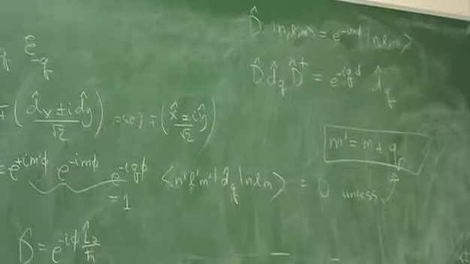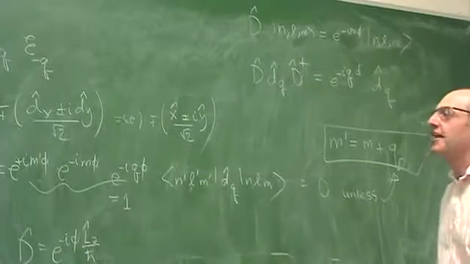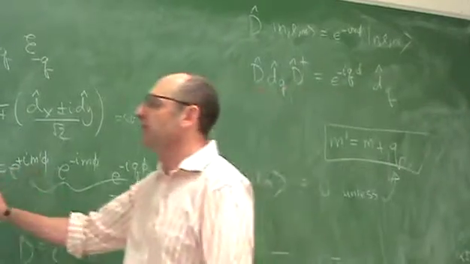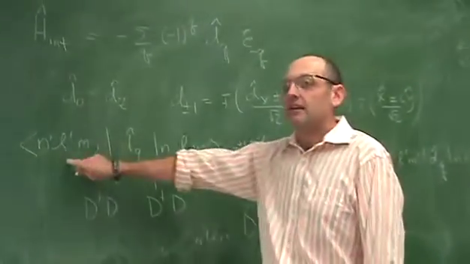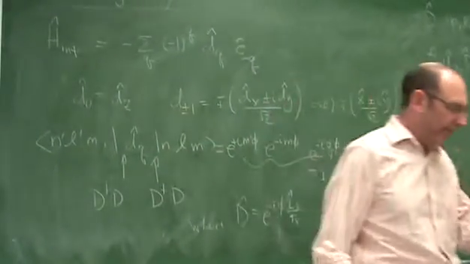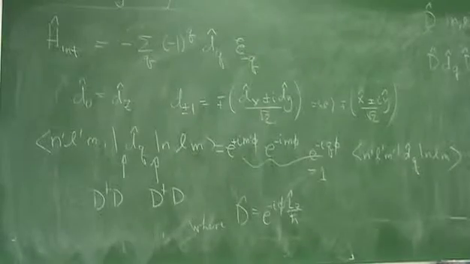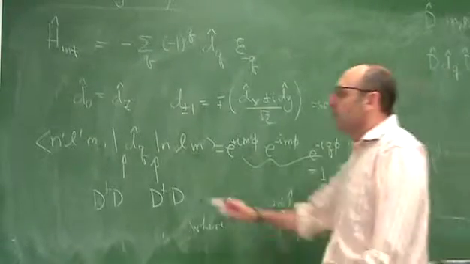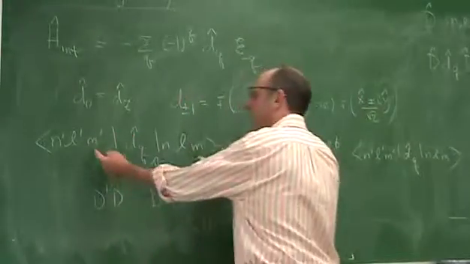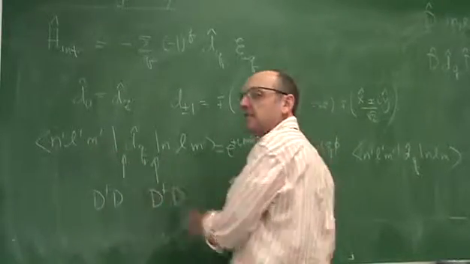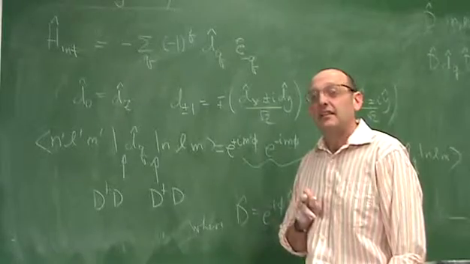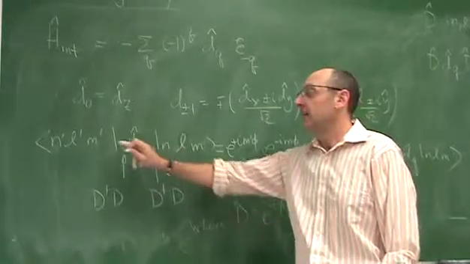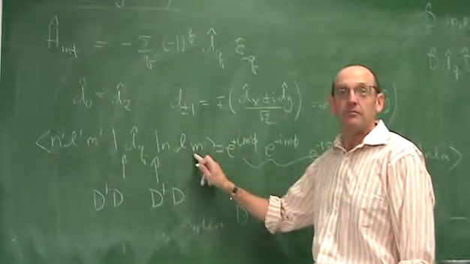So we have a selection rule that says the only non-zero matrix elements of the dipole operator are those for which the magnetic sublevels change in this way. If q equals 0, m prime must equal m.